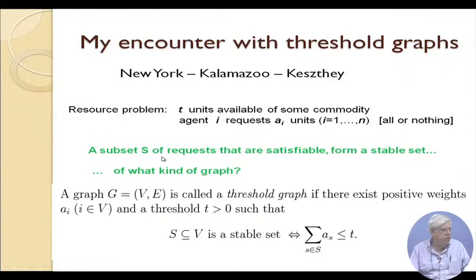And a subset of requests that are satisfiable form a stable set in some kind of graph. What kind of graph? So they worked very hard to find a kind of graph that would meet their needs, and they even had a characterization for it, and it turned out to be the same definition as threshold graphs.